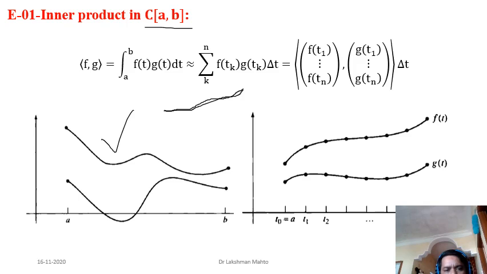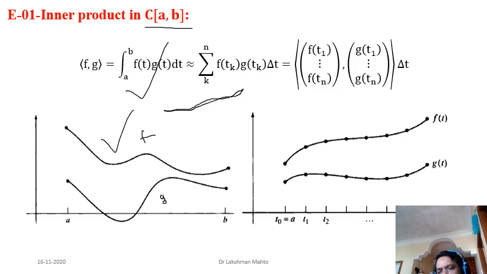So you can observe that you have two functions. This function f is a continuous function, clearly from the graph. g is also continuous. So we try to define a dot product through this integral. If you try to visualize it from Riemann integration, what do you do?